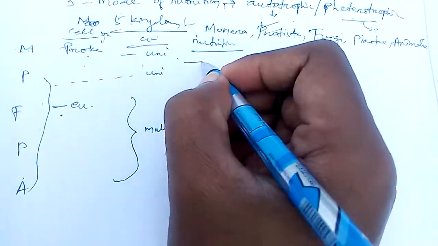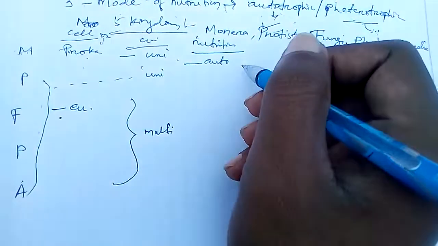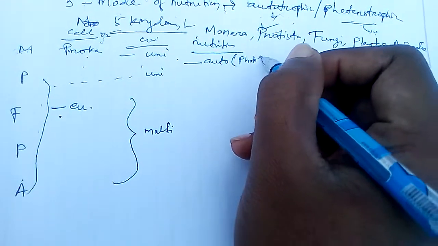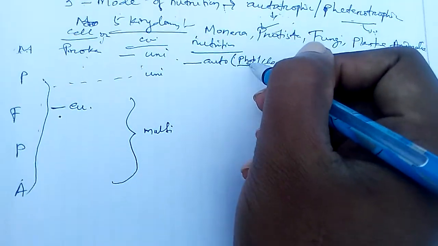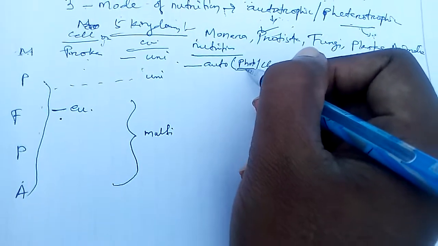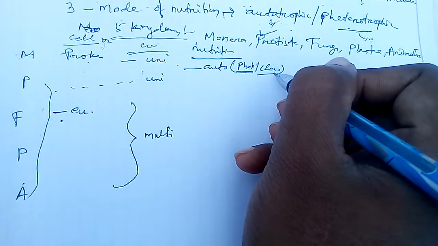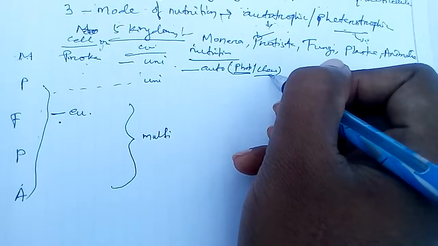Generally Monera are autotrophs. They prepare their own food by means of photosynthesis or by means of chemosynthesis. Photosynthesis refers to utilization of light for the preparation of food, and chemosynthesis refers to utilization of certain chemicals for the preparation of food.